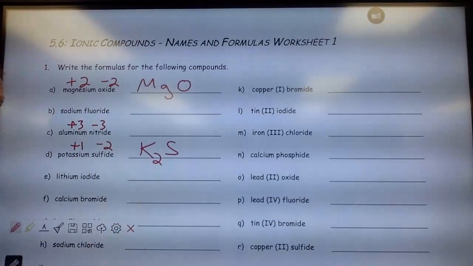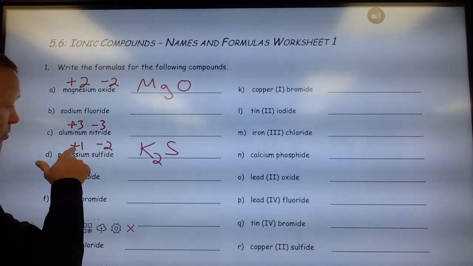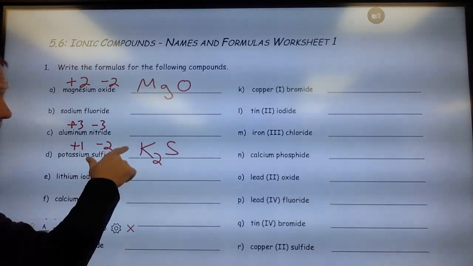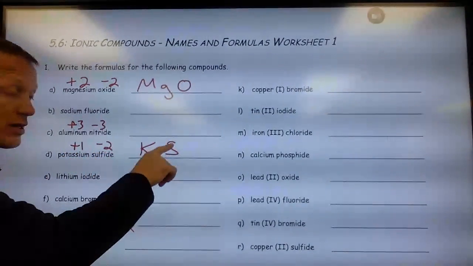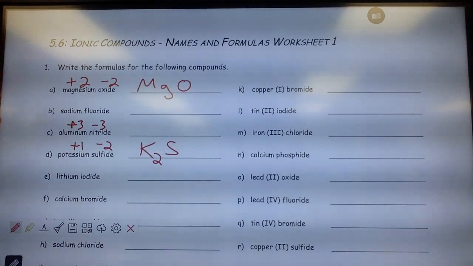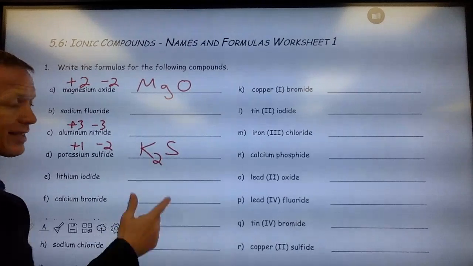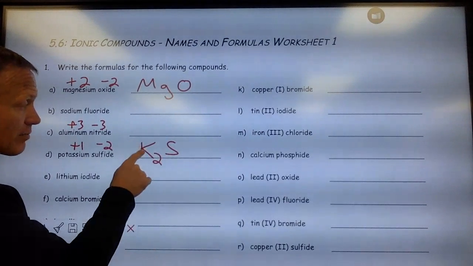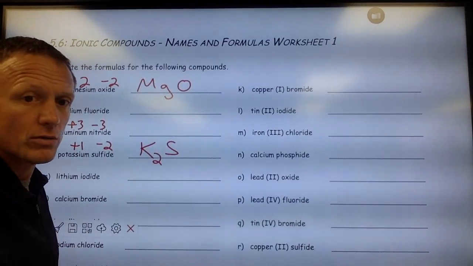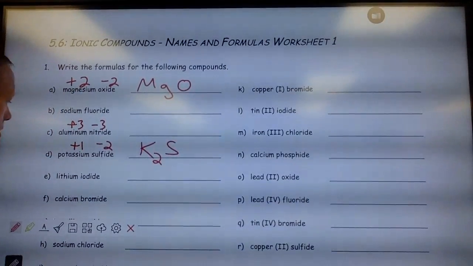I'm going to double the number of potassium atoms so that that's now a +2 overall, and this is a -2. What that means is each potassium is losing 1 electron, and this 1 sulfur atom is gaining 2 electrons, 1 from each potassium. So K2S, kind of like H2O, meaning there are 2 atoms of potassium and 1 atom of sulfur.